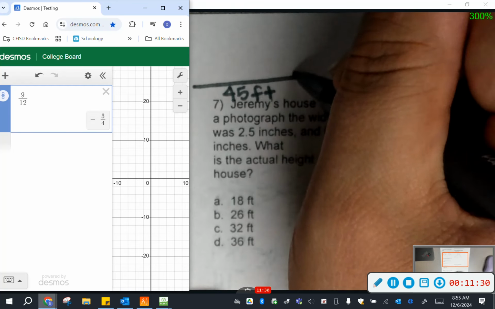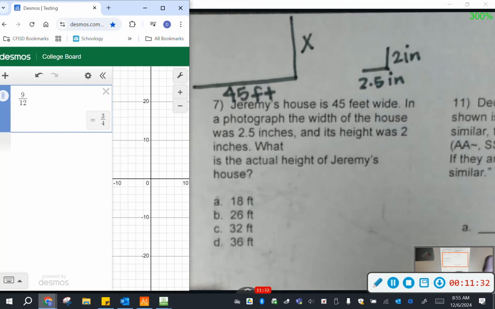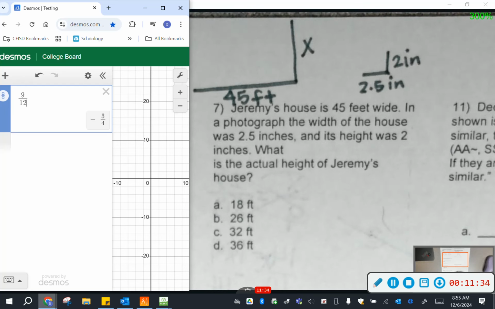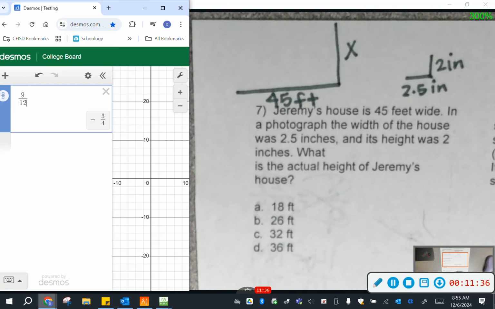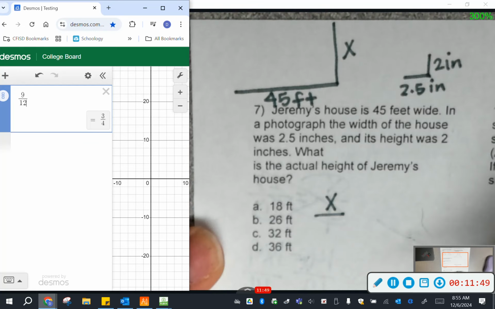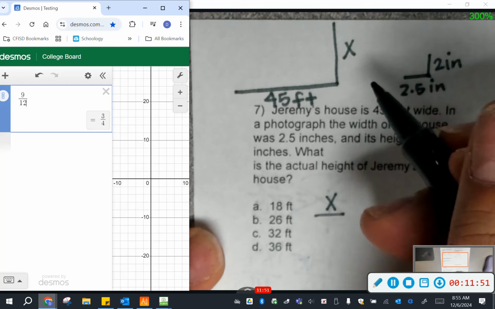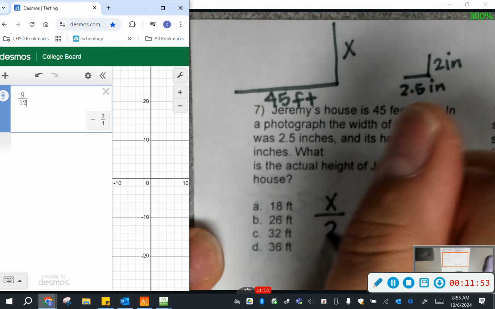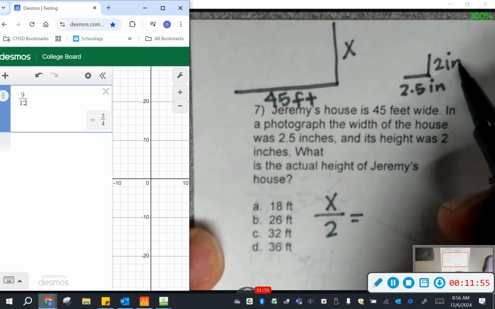What is the actual height of his house? That is my picture. How can I set up this proportion? I'm going to have x over 2 equals.